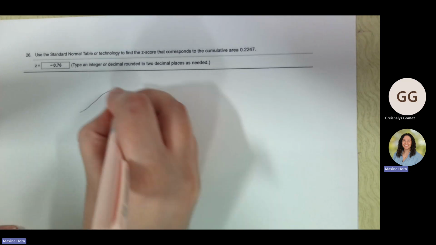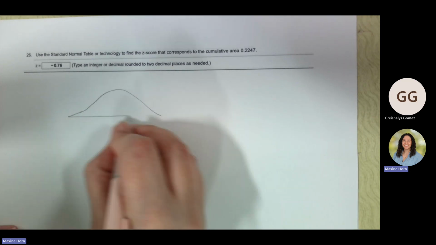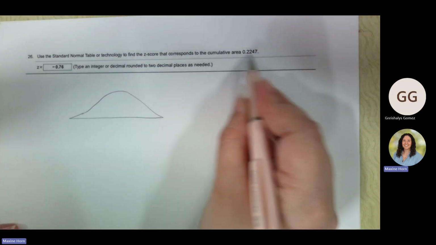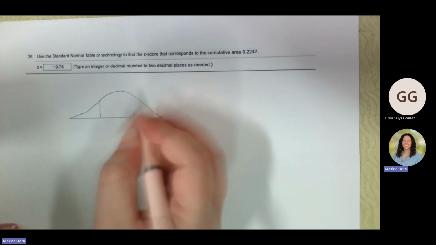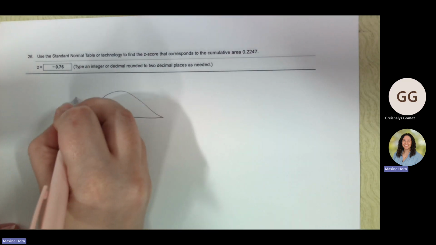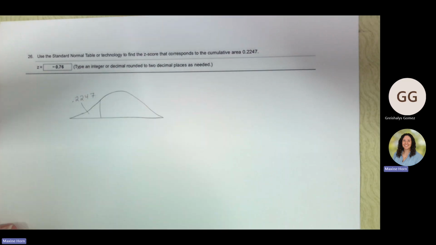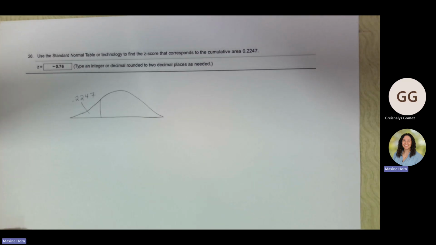All right, use the standard normal table or technology to find the Z-score that corresponds to the cumulative area 0.2247. Okay, so what do they mean cumulative area of 0.2247? That means the area to the left. This is 0.2247. It's 22% approximately.